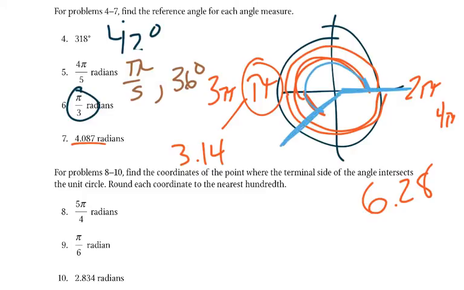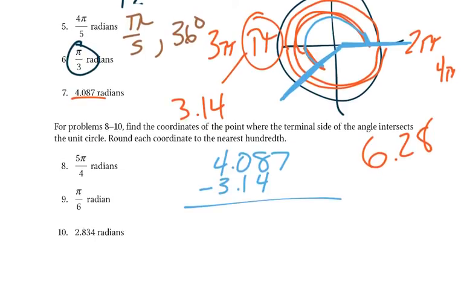So what I'd want to do is take 4.087 and subtract 3.14 from that, because doing that's going to help me figure it out a little better. So it would be 0.947.